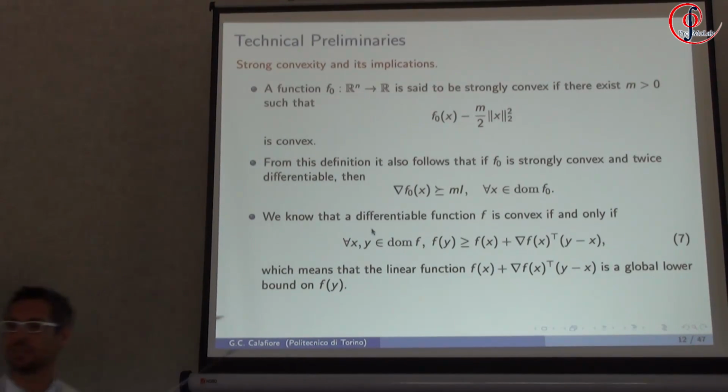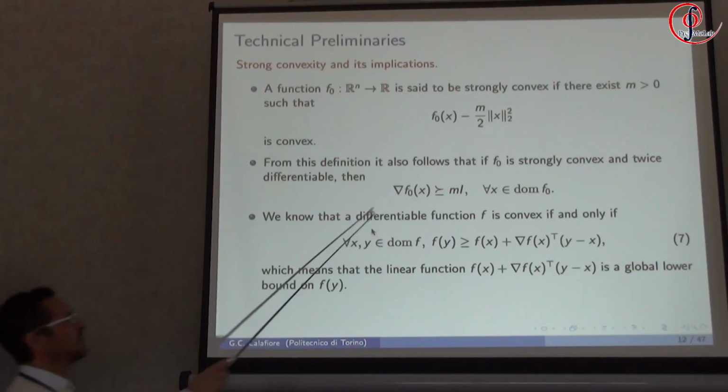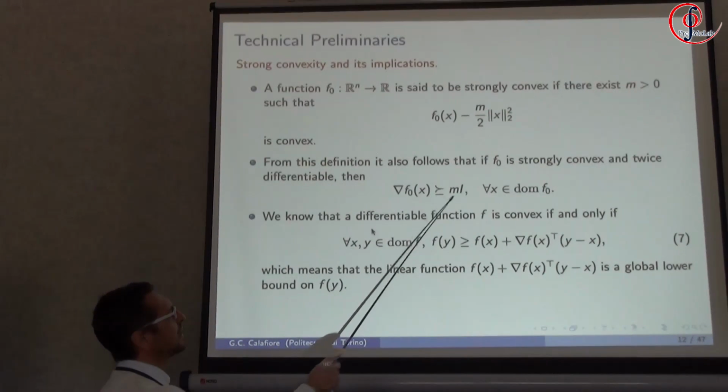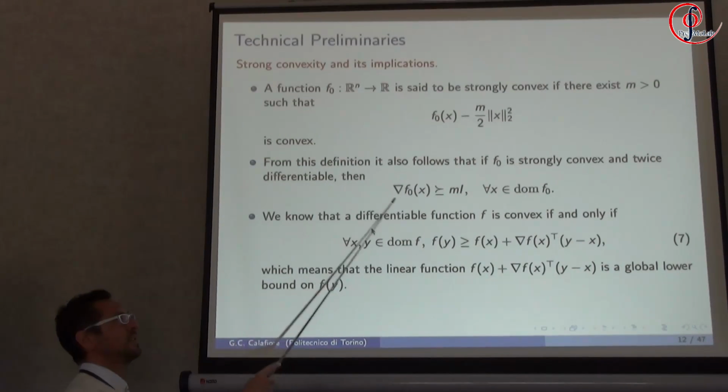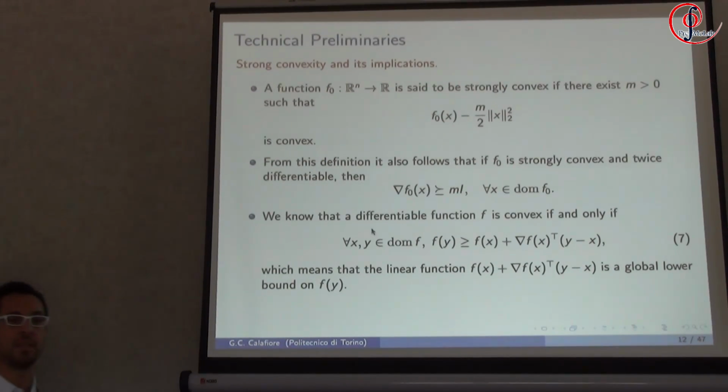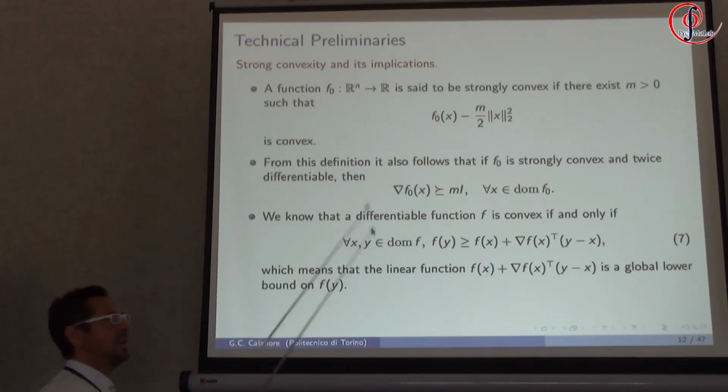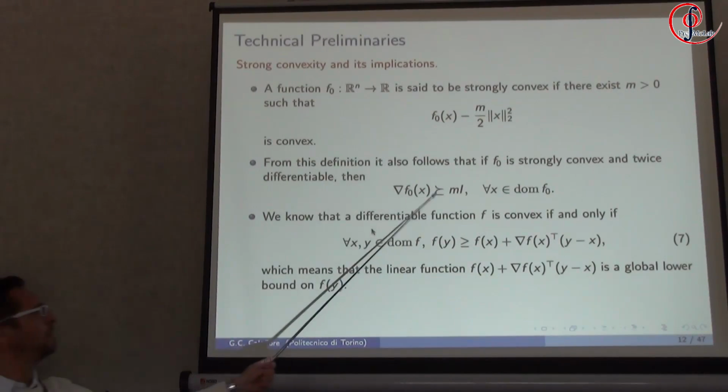So this is the Hessian, not the gradient. Okay? So the Hessian is greater than or equal to m times the identity. So for a strongly convex function, the Hessian is lower bounded by m times the identity.